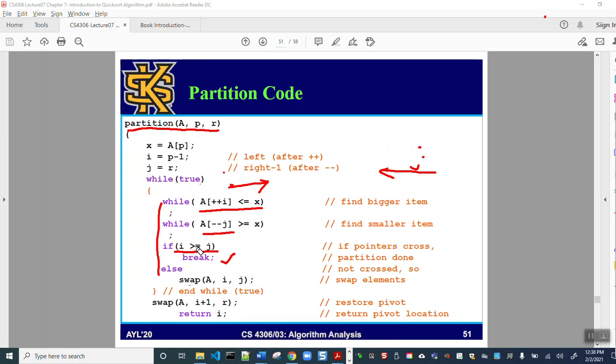If i is greater than or equal to j, then break. So the condition is i less than j, you can say over here.